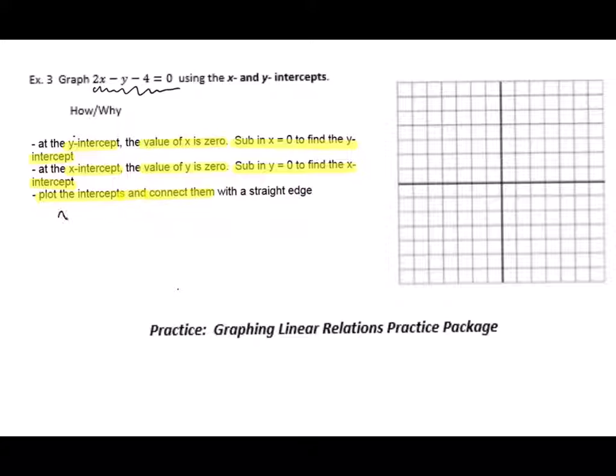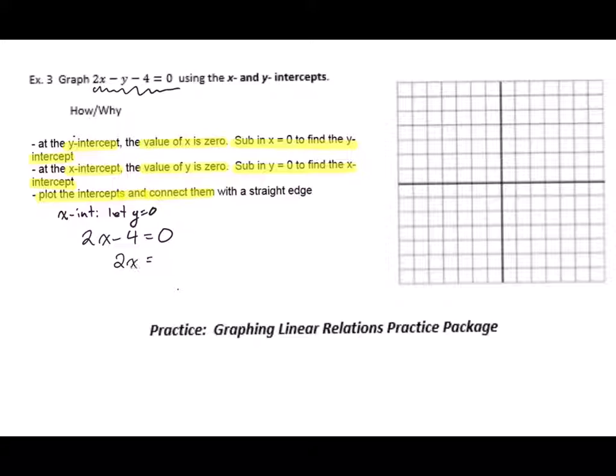So remember, we'll follow the pattern we used before. For our x-intercept, we let y equal 0. In our original equation, if we let y equal 0, this means that 2x minus 4 is equal to 0. So we'll solve for x.